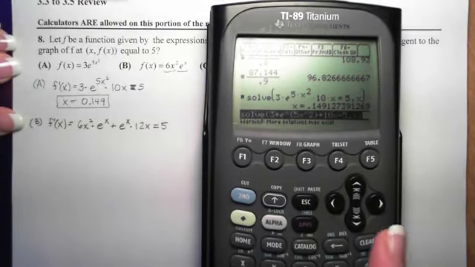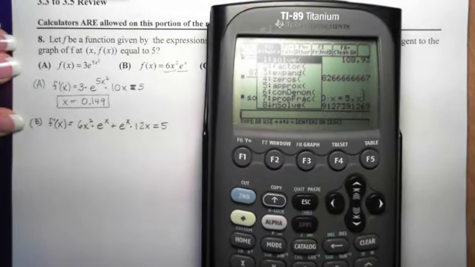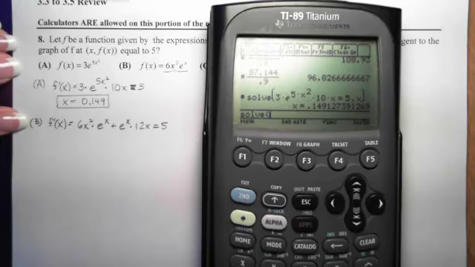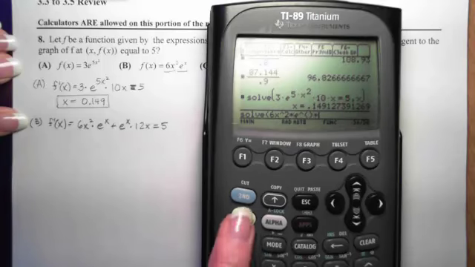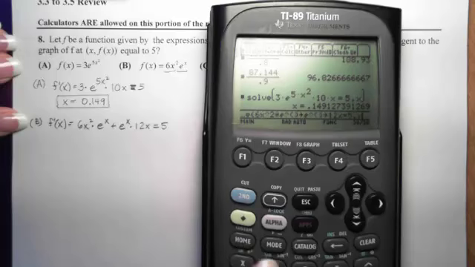Just like I did in part A, I'll clear out what I've got, do an F2 solve. 6x squared times e to the x plus e to the x times 12x. I need that to equal 5, and I'm solving with respect to x.